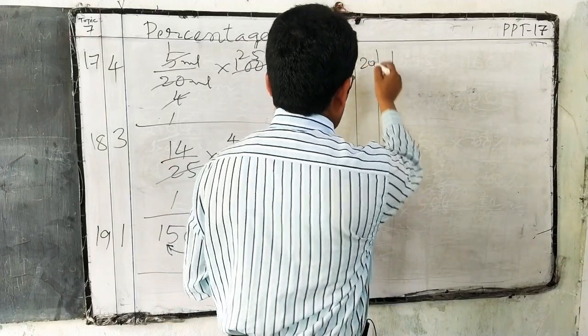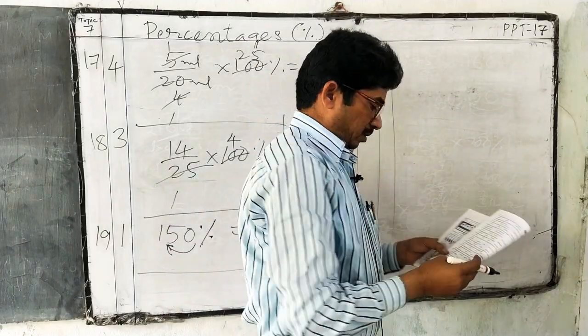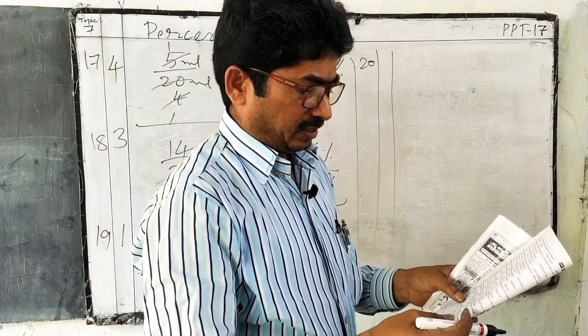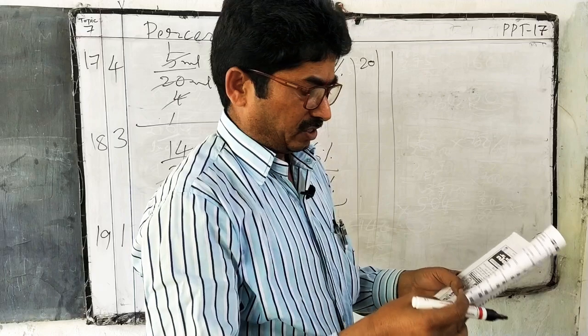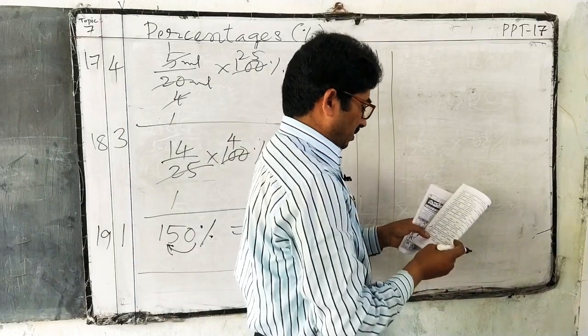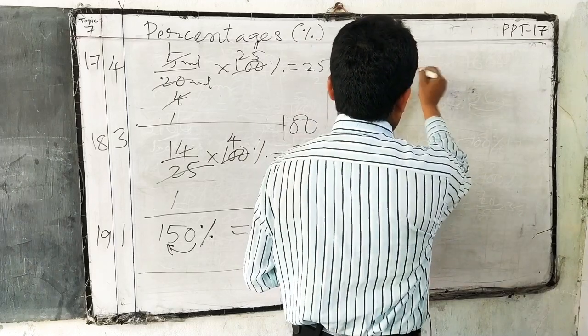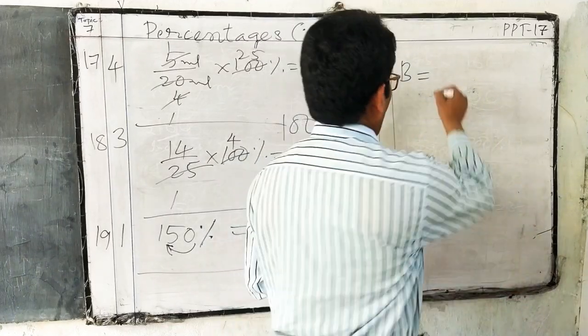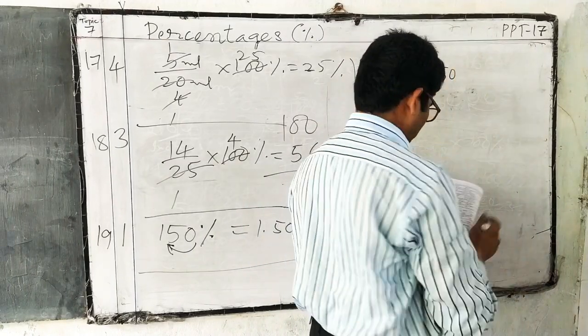Question number 20. In the number B is 10% less than another number C, and C is 5% more than 150, then B is equal to. Here given 150.